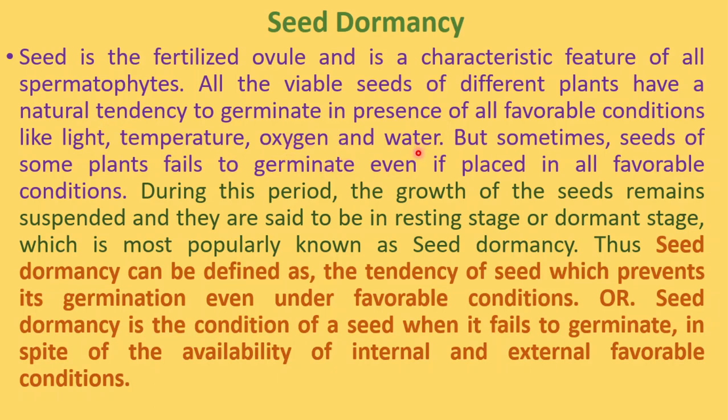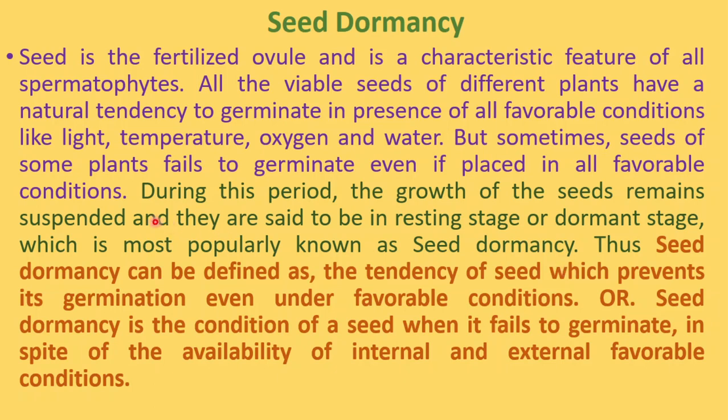Why? During this period, the growth of the seed remains suspended, and they are said to be in the resting stage, also known as the dormant stage. Means even with all the favorable conditions, the seeds will not germinate because they are in the resting stage or dormant stage.